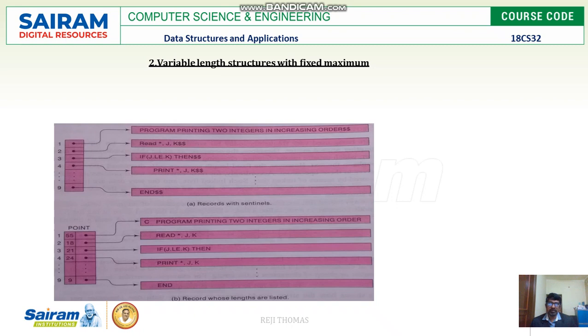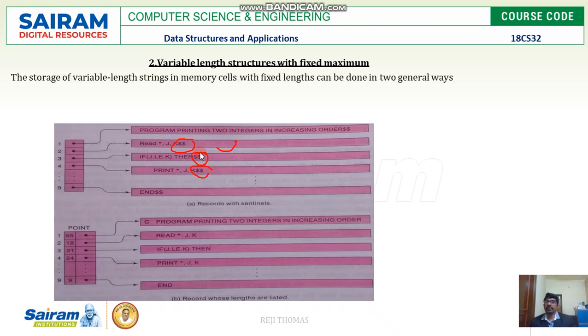Once the string is over, we store a special character. Normally we use a special character, a double dollar sign, after every string ends, so that we can start storing the next string. That is variable length. There is another way of doing it.